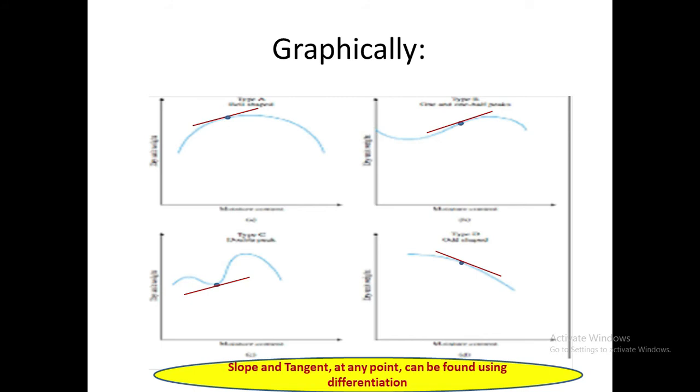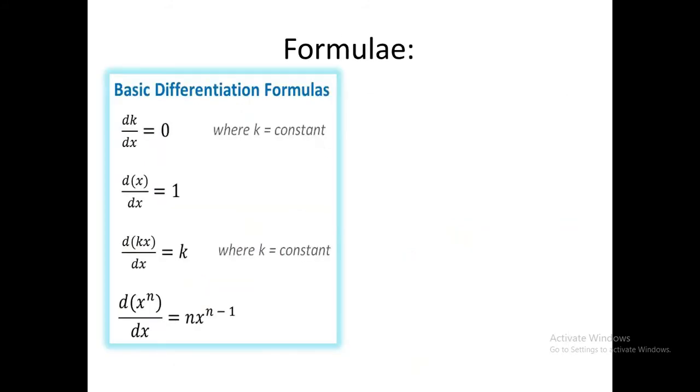There can be many kinds of functions in mathematics. As I said, there can be logarithmic, exponential, sinusoidal. So in the formulas also I have segregated them in different ways. First I have shown you the basic differentiation formulas. It can be a constant.